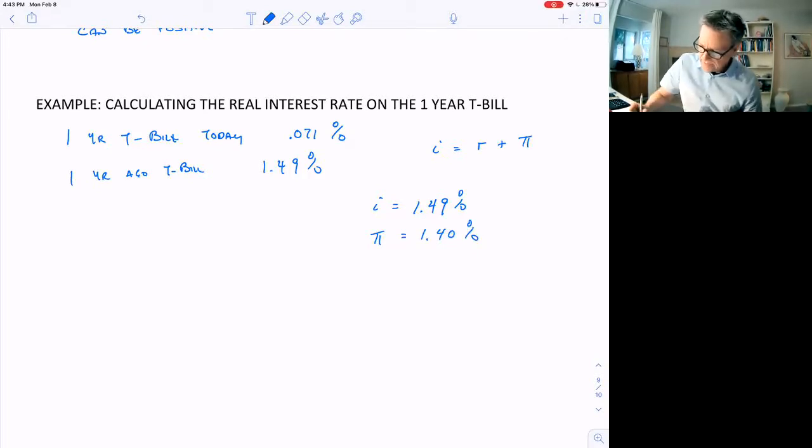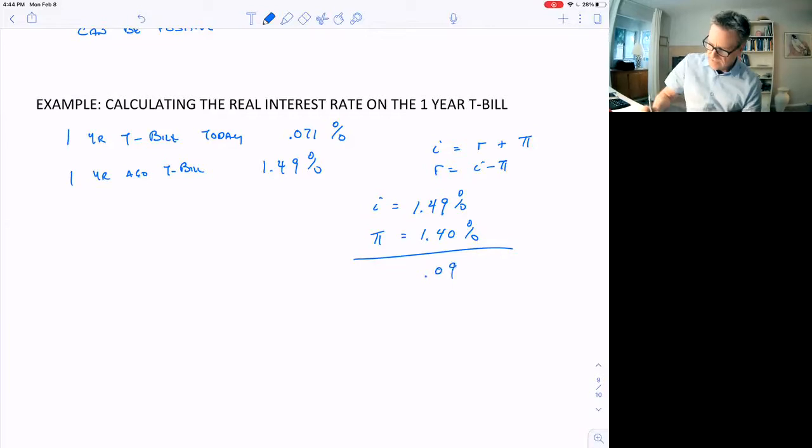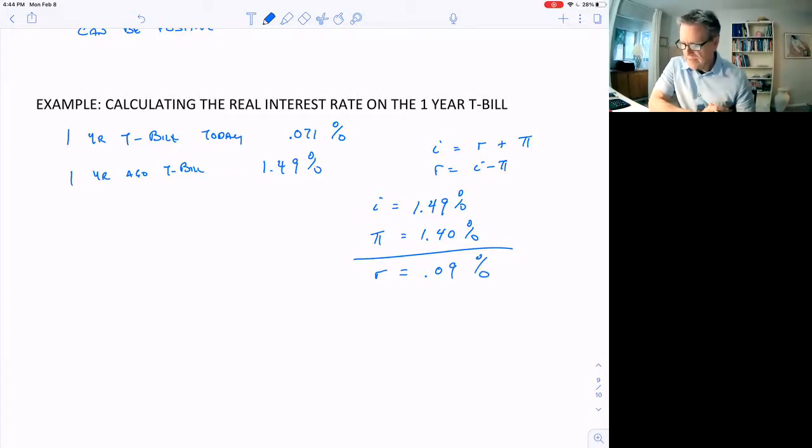So the real rate is the nominal rate minus inflation. 1.49 minus 1.4 is 0.09. So the real interest rate that you would have earned by buying T-bills 1 year ago was barely 1/10 of 1%. Not a whole lot, but at least it's positive.